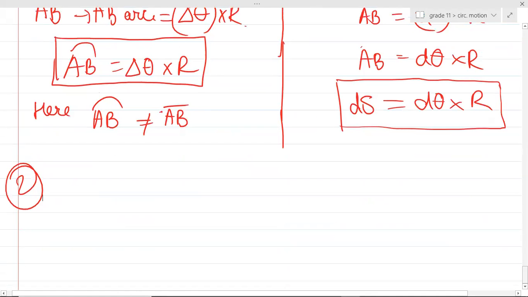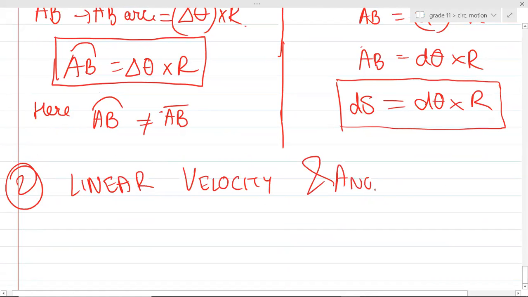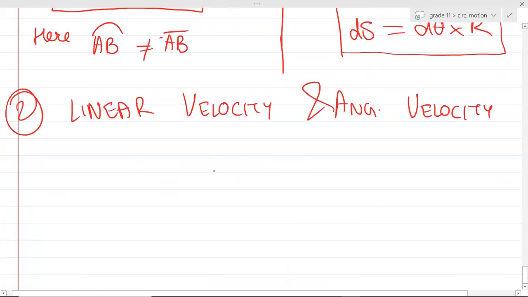The next thing which we are going to do is basically the relation between linear velocity and angular velocity. So now what is the relation between linear velocity and angular velocity?